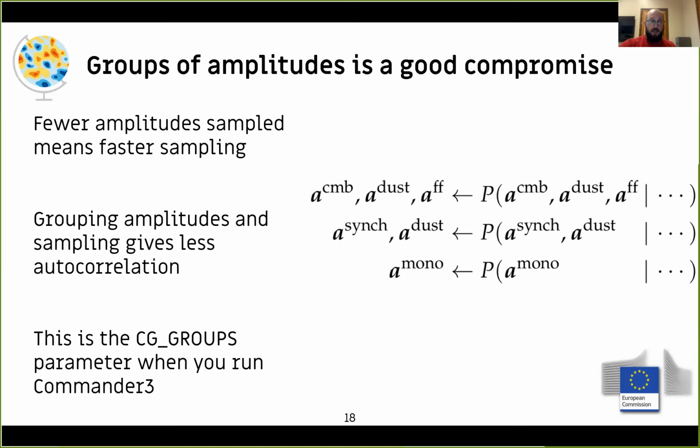And so this is one of the many tricks that we've employed to sample this somewhat ill-conditioned system. Because as you can see, if you go through a Gibbs sampler yourself, you will see that some amplitudes are truly degenerate with each other.